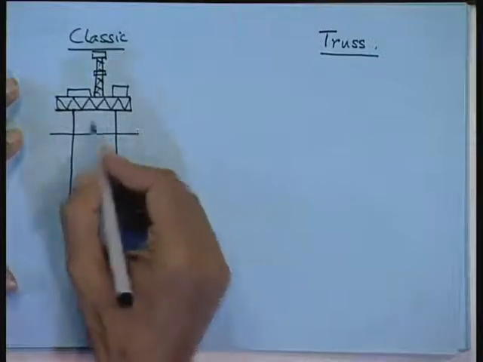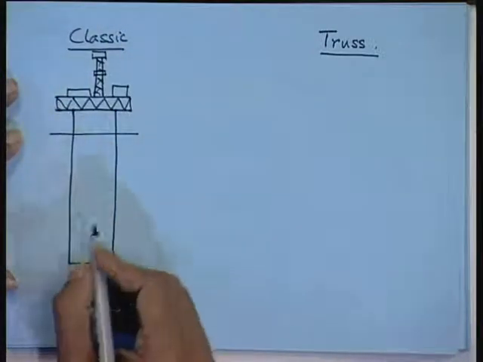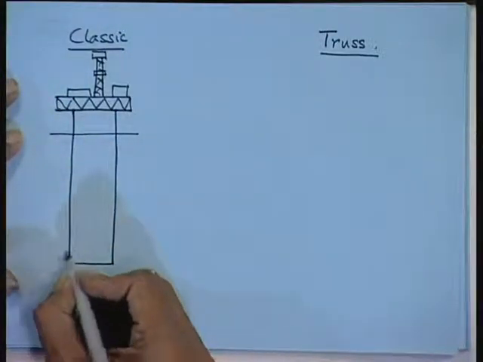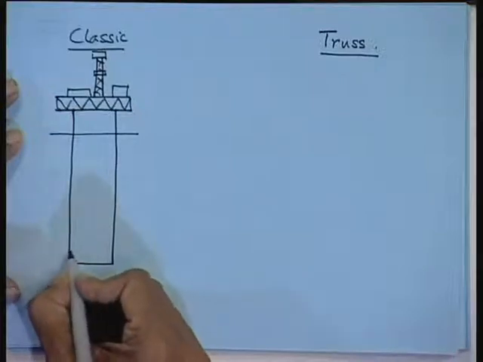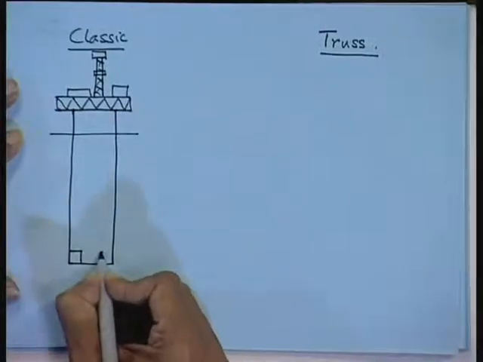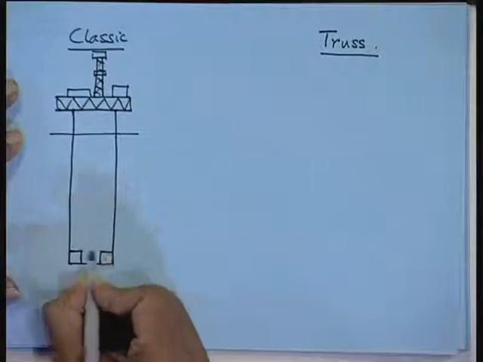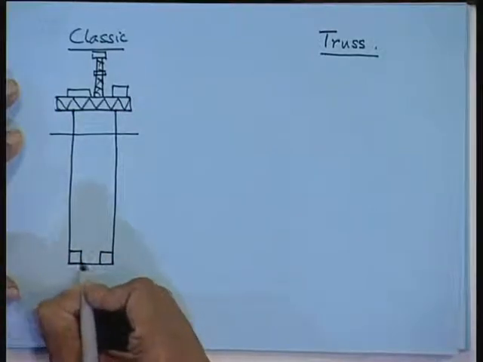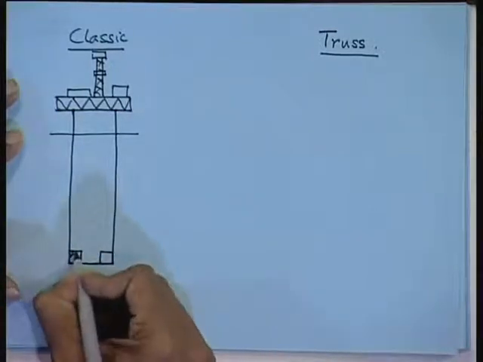Now, the point to be remembered is that this type of platform will have ballast near the keel. So, this is your keel. Here you have solid ballast.